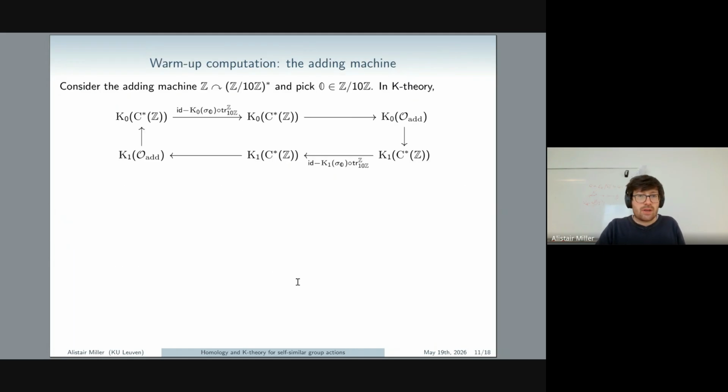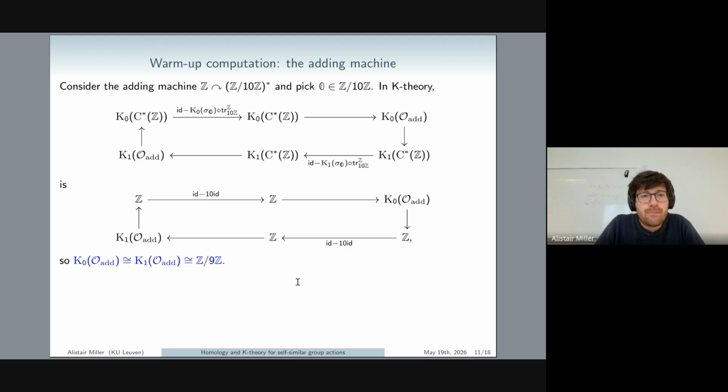So altogether, this gives us, let's do the computation. Let's apply the theorem and compute the K-theory for the C-star algebra in this adding machine example. So we have this exact sequence from our theorem. And from what we just said, it boils down to this.